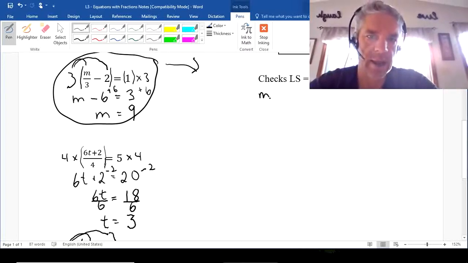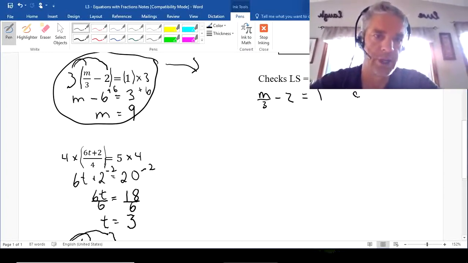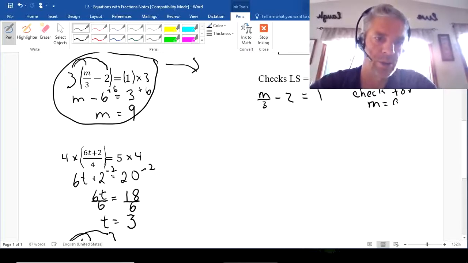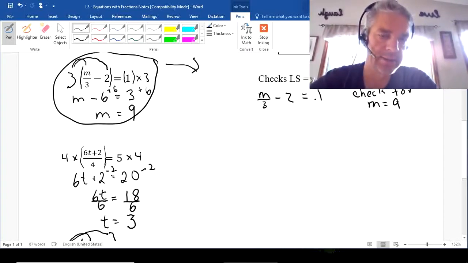I'm going to say m over 3 minus 2 equals 1. Check m equals 9. And so the way we do this, we identify the equation as having two sides. This is the left side, this is the right side. Okay?